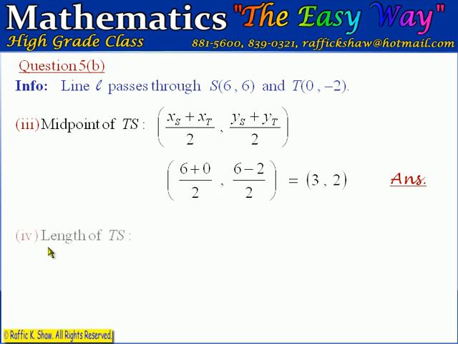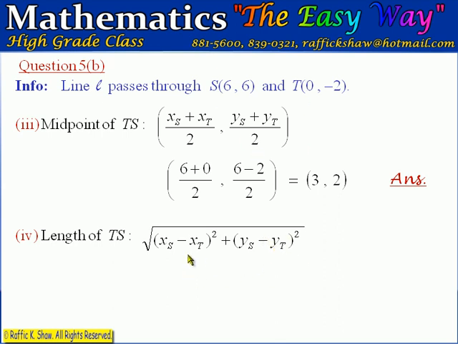And then in part 4, we're asked for the length of the line TS, and we can go ahead and use the length of a line formula, and that is the square root of the difference in the x value squared plus the difference in the y value squared. This is derived from Pythagoras' theorem, right? So that's xs minus xt squared plus ys minus yt squared.